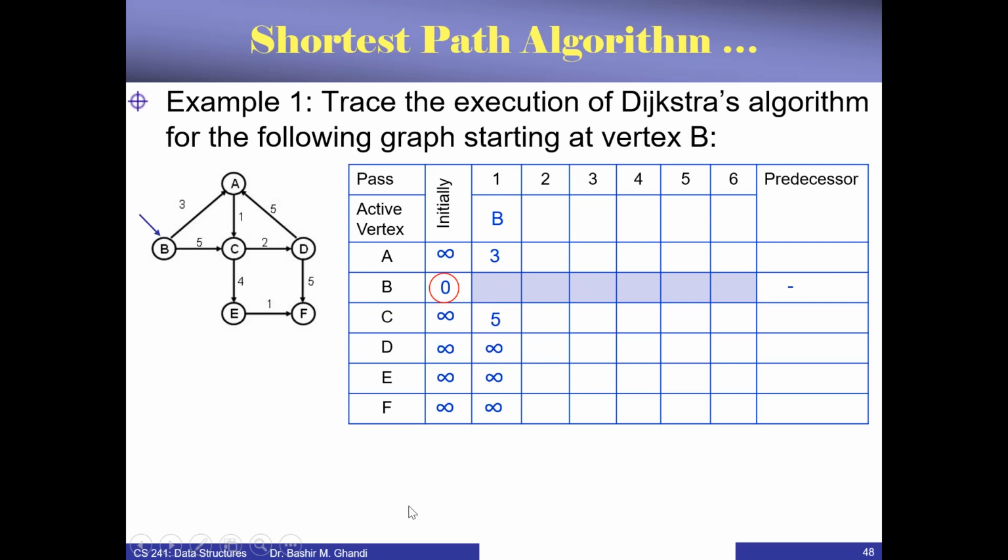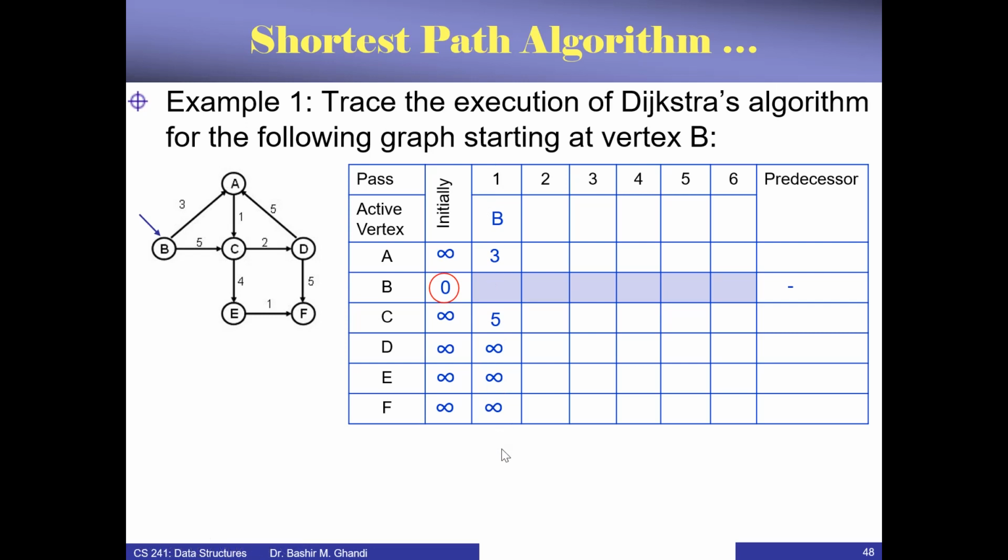So just copy the 3 values of D, E, and F to this particular column, and we can now say we are done with iteration number 1.